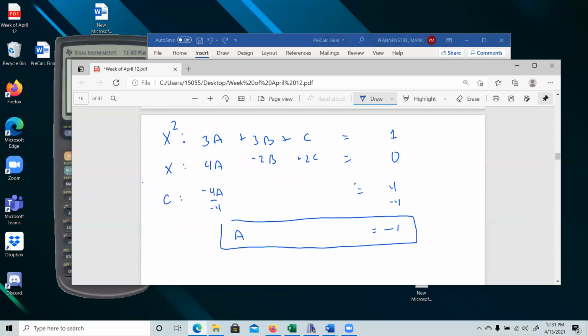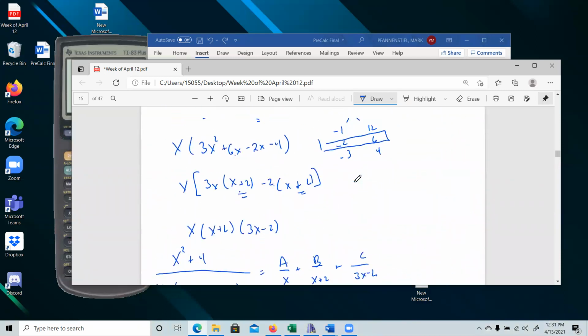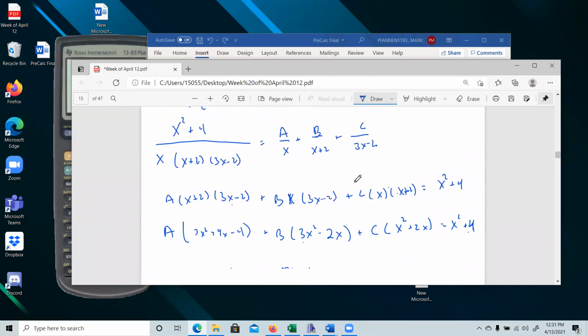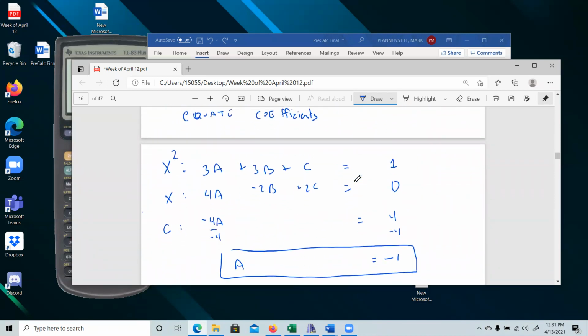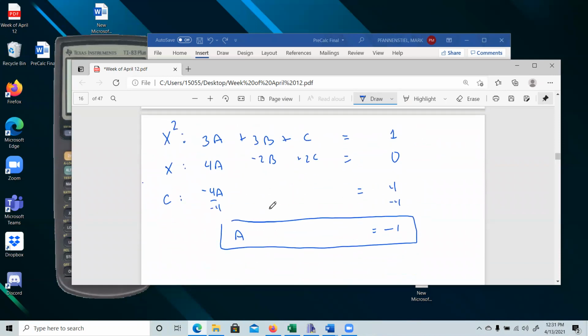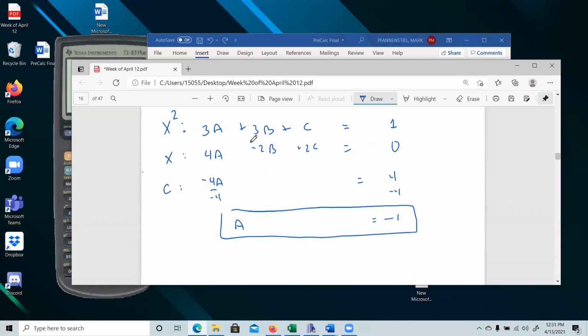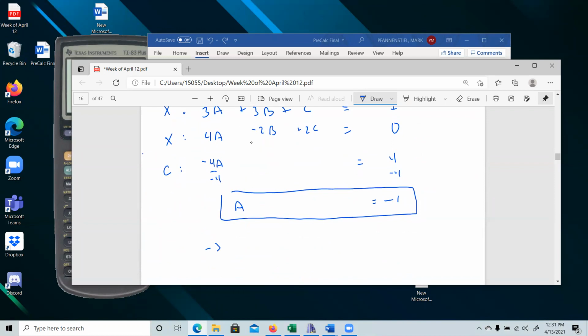It's not my intention to give you a long factoring problem and follow it up with a long solving equations problem. Okay. So if I plug in the negative 1 here, we get negative 3 plus 3b plus c is equal to 1.